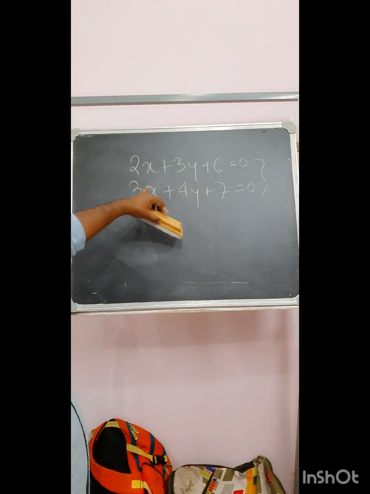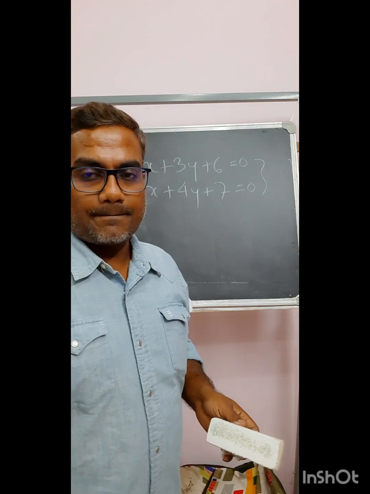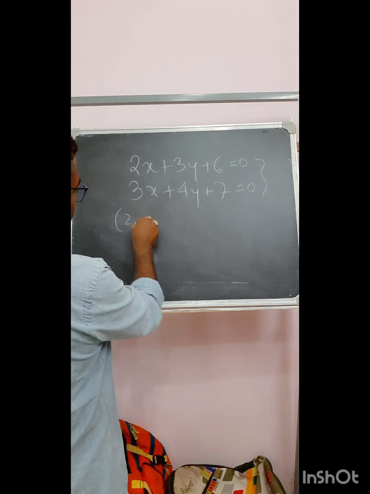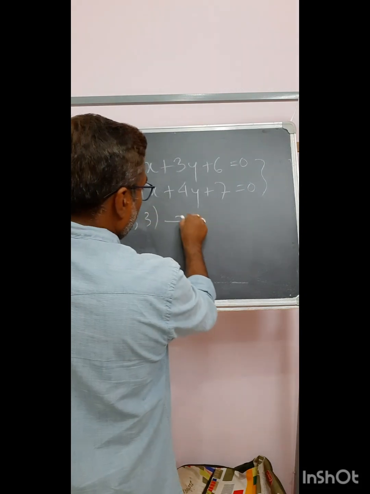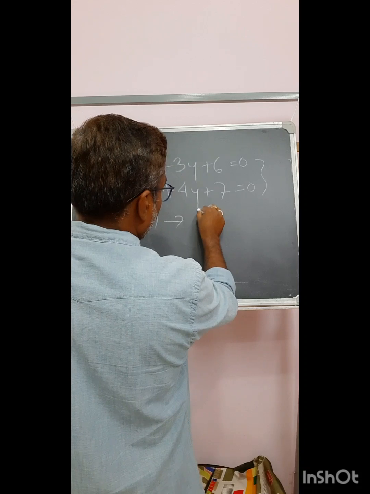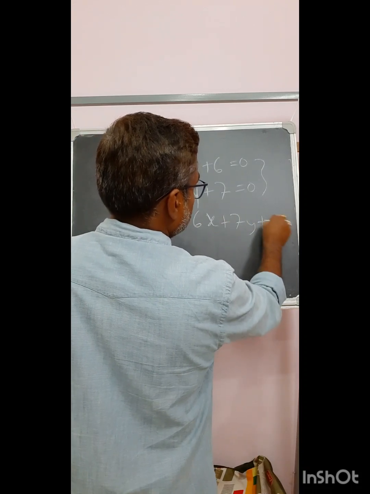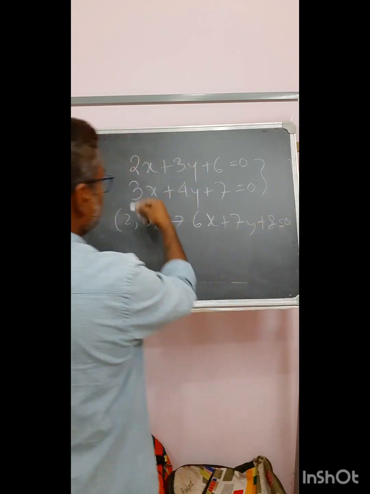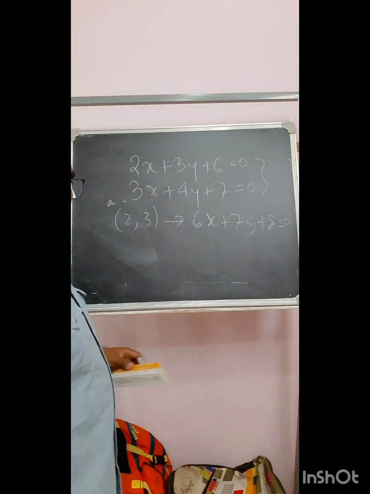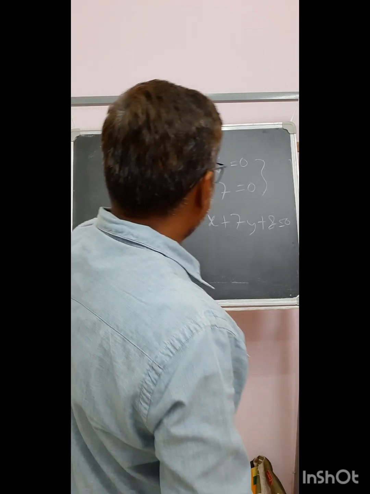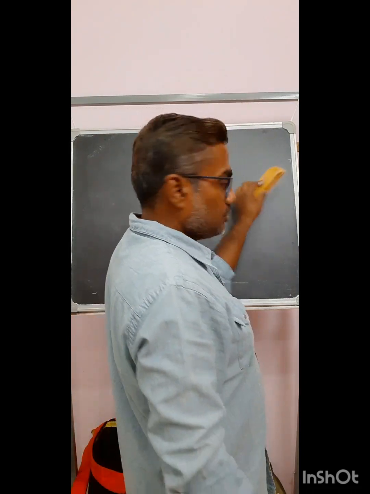If this is the case, then what would be the answer? Okay. Or else, let's say a point is given, 2, 3. From there you have to find the distance to 6x plus 7y plus 8 is equal to 0. So you can try either of these two. You will get a definite answer, and it will give you more confidence once you are able to solve it.